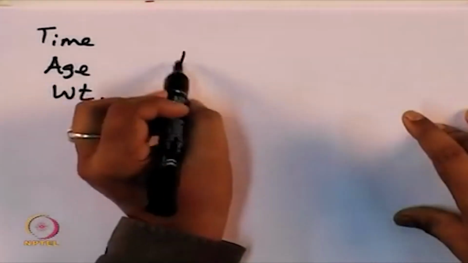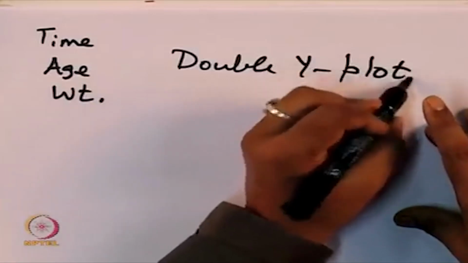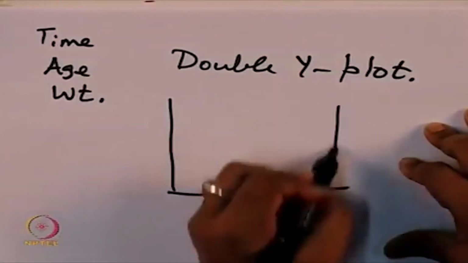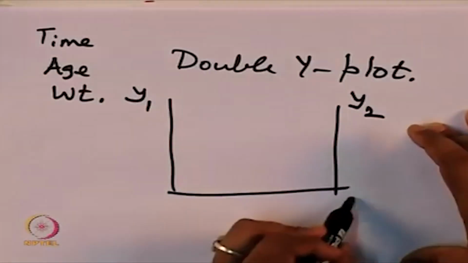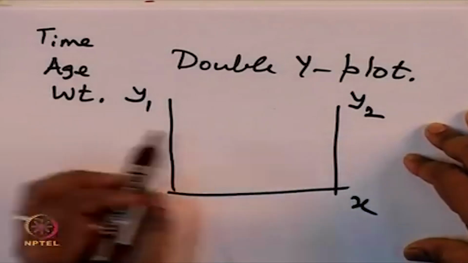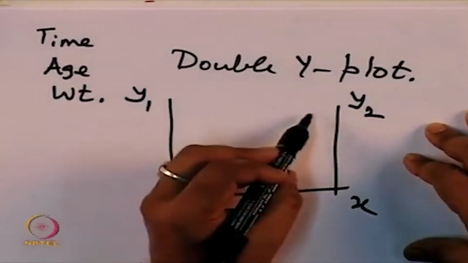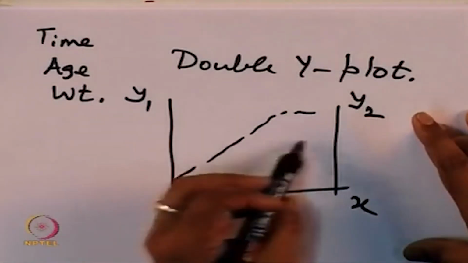So, this is where you can make use of what is called a double y plot. Okay. So, you can have 2 axes. So, you can label this as y1 axis, this as y2 axis, this is x, and you can plot them, let us say with weight with time might saturate, and age with time has a linear relationship.